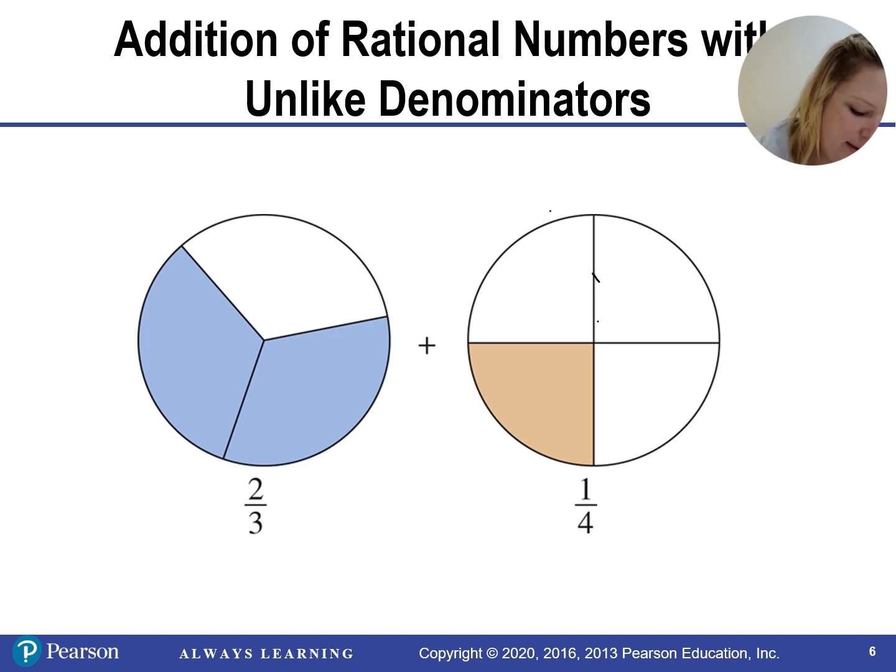So if I take my 2/3, my two pieces of size 1/3, and I say, okay, well, let me split them all into 2 more pieces each. Now I have an equivalent fraction that's 4 pieces, each of size 1/6, because I have 6 pieces making up the whole. I could split them all again.